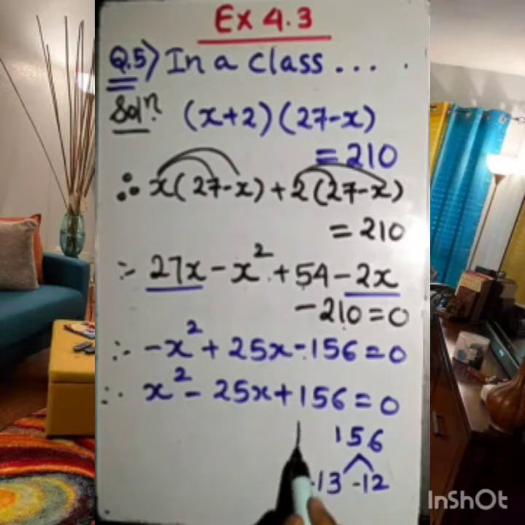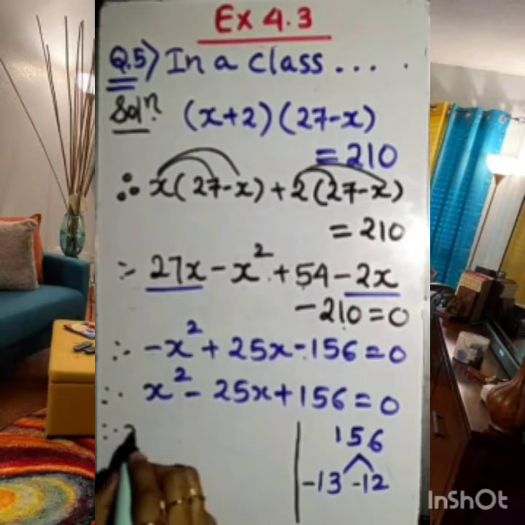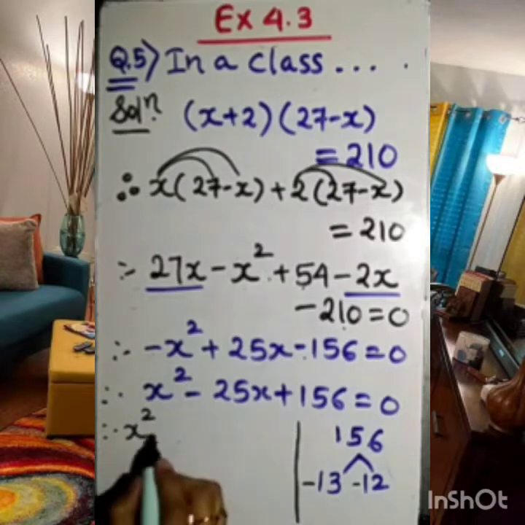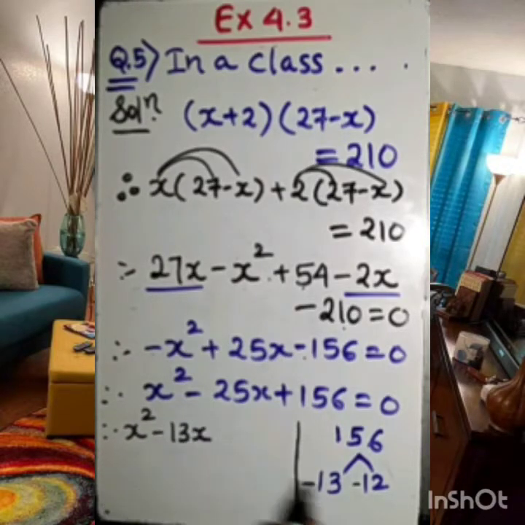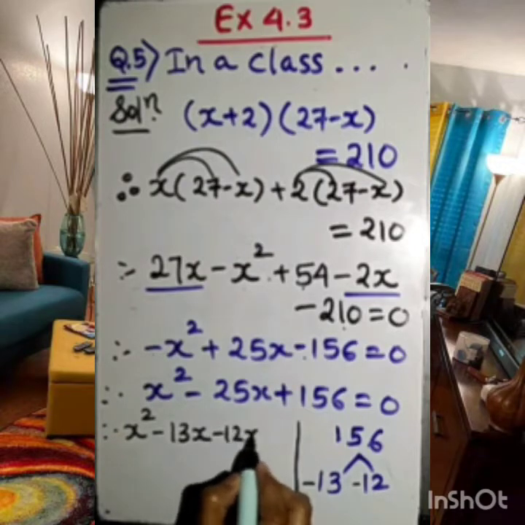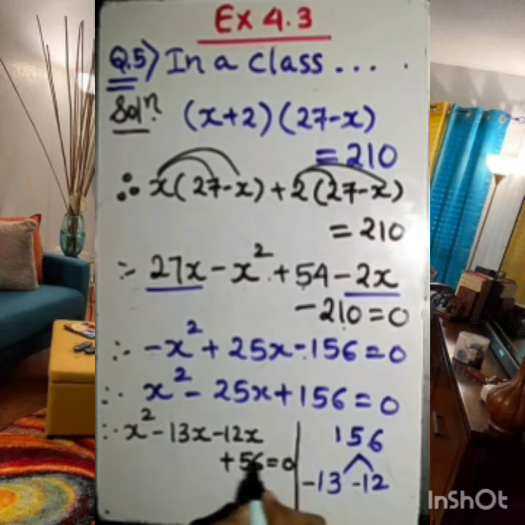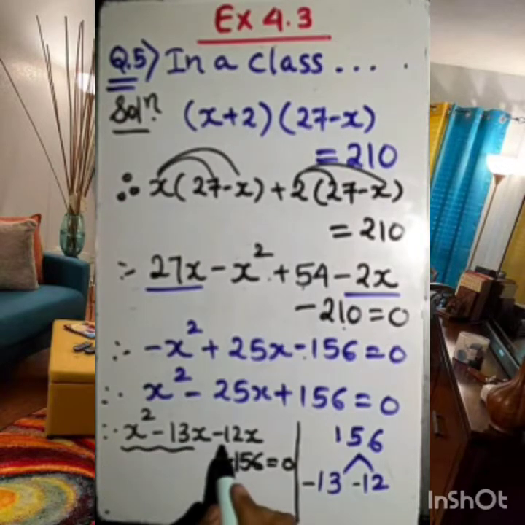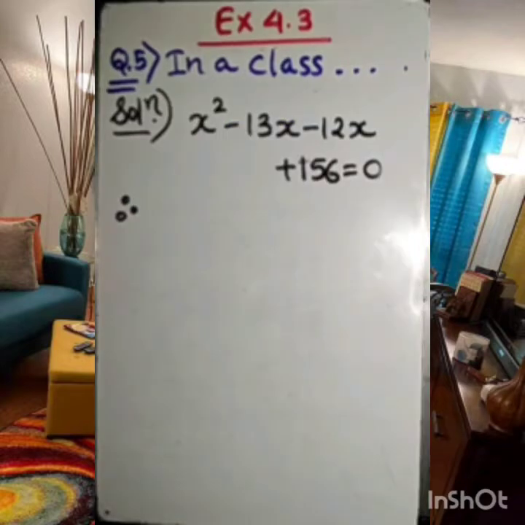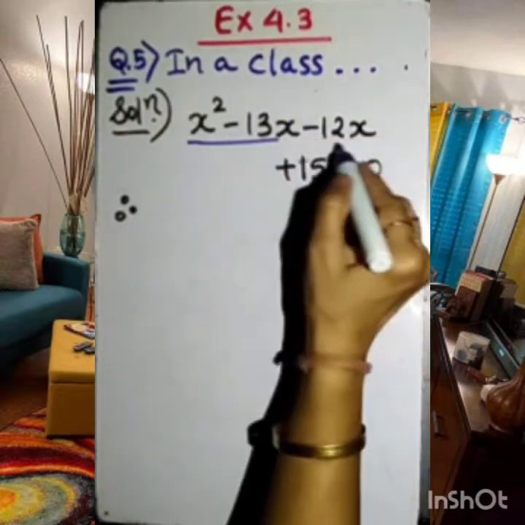So according to this, our equation will become X square minus 13X minus 12X plus 156 equal to 0. Now let's make pairs and try to find the common factor from these terms.